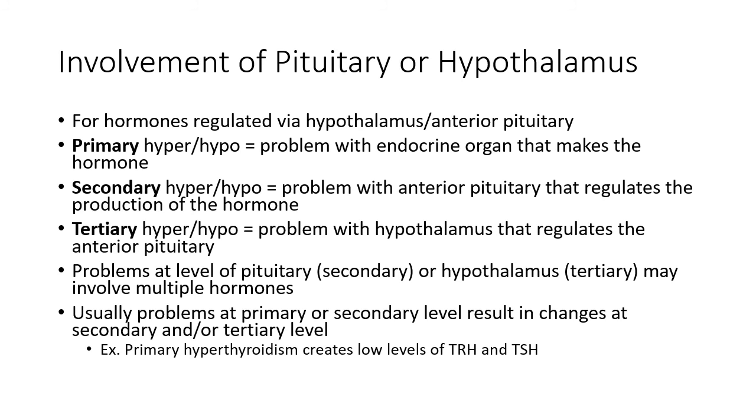You can tell which level the disorder is at, primary, secondary, or tertiary, by measuring the blood concentrations for the endocrine organ or the hormone itself that's being affected, and for the stimulating hormone from the anterior pituitary, and for the releasing hormone from the hypothalamus. That's because of the negative feedback.